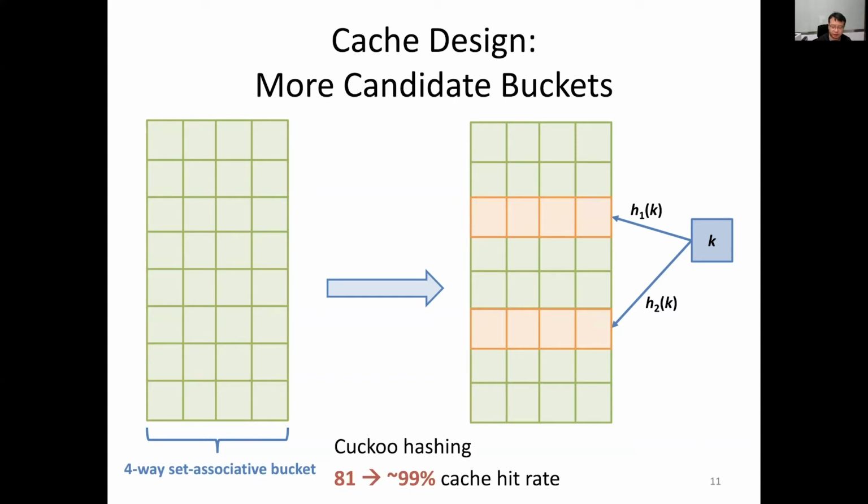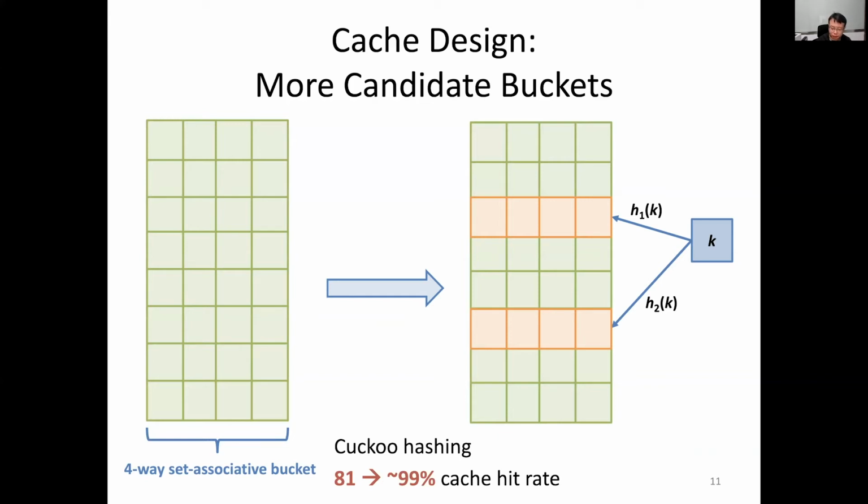So this sounds good, right? But this cache still has a drawback, and the drawback is that compared with the 4-way or 8-way set-associative cache, every lookup in this new cache design will have to access 2 different cache lines.